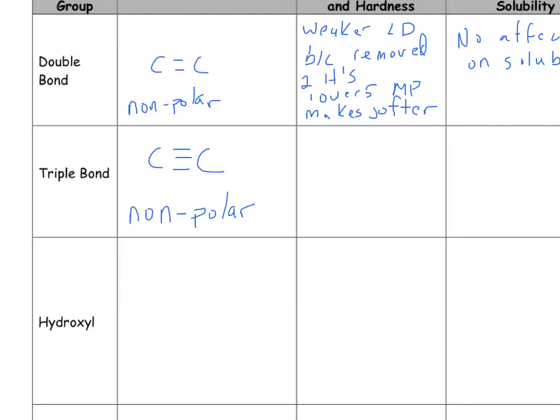However, whenever we have a triple bond, we introduce a linear VSEPR shape around our carbons. These are easier to pack into a crystal, which creates stronger London dispersions than a double bond or even a single bond.